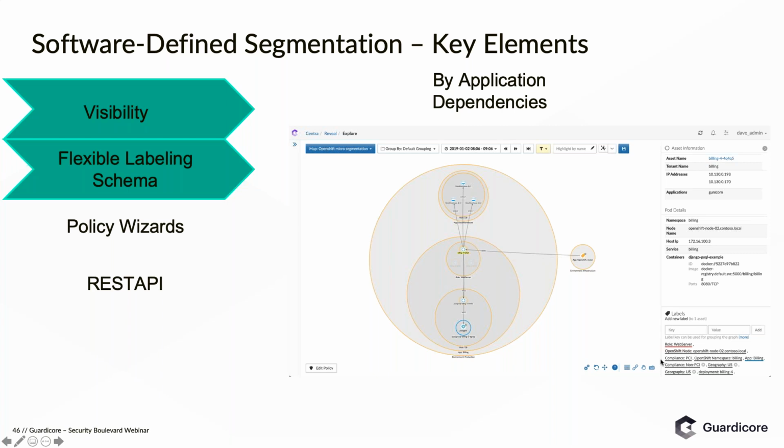So for example, parts of this are part of compliance, PCI. Some of it's not PCI. It's in the United States. It's OpenShift namespace, the space called billing, applications billing, right? So you have all these different labels, some that come from the orchestration, some that we come up with, that allows us to label these devices and label them as part of different parts of the organization.